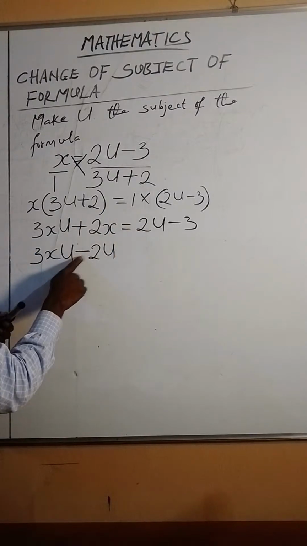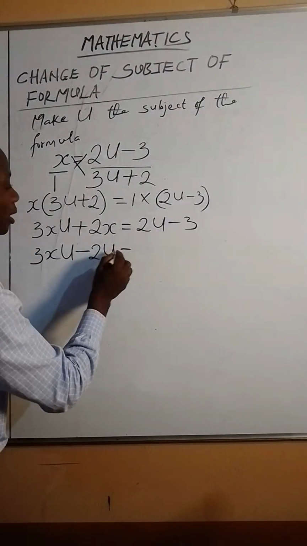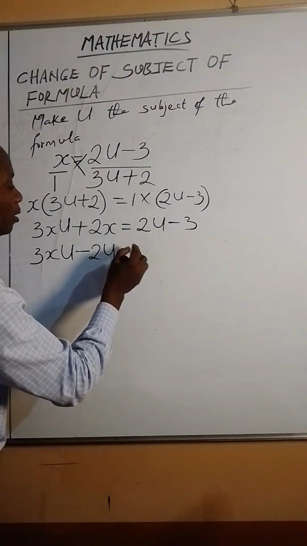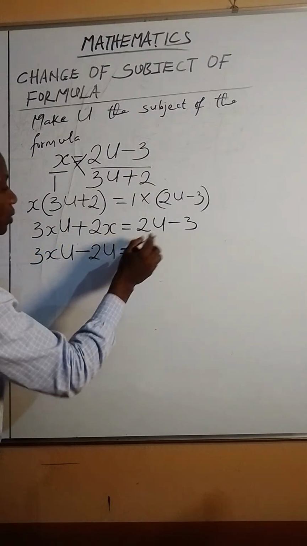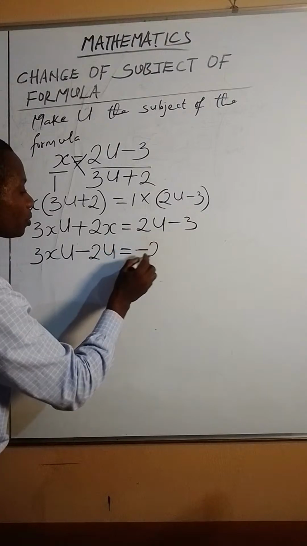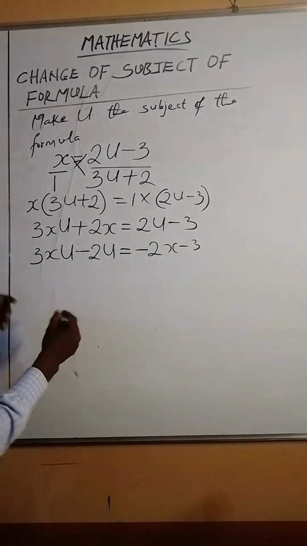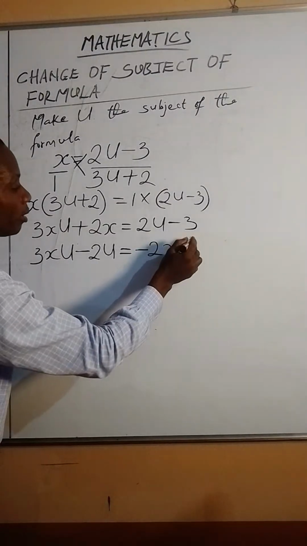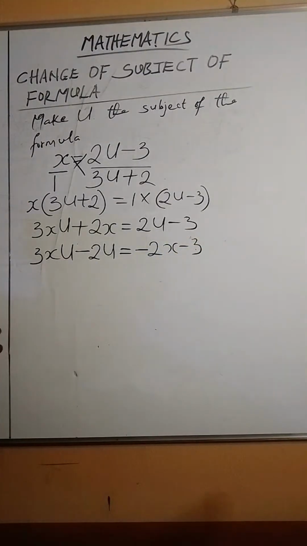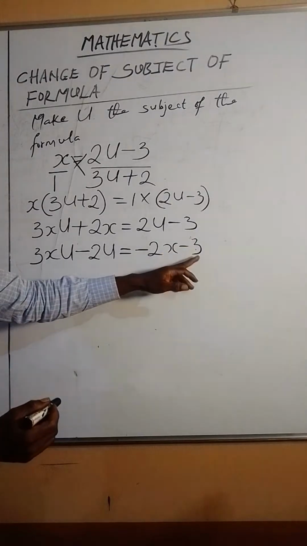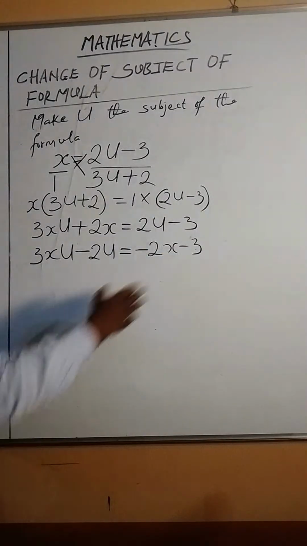The plus 2x, when crossing, changes to minus 2x, then minus 3. So we get minus 2x minus 3 at the right-hand side.